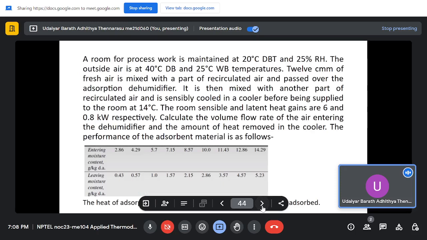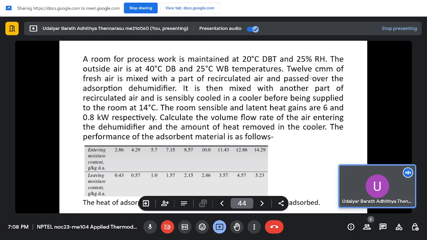The next problem is a room for process work is maintained at 20 degrees Celsius dry bulb temperature and 25% relative humidity. So this is the condition required for the room. So the outside air is at 40 degrees Celsius dry bulb temperature and 25 degrees Celsius wet bulb temperature. 12 cubic meter per minute of fresh air is mixed with part of the recirculated air and passed over the adsorption dehumidifier.